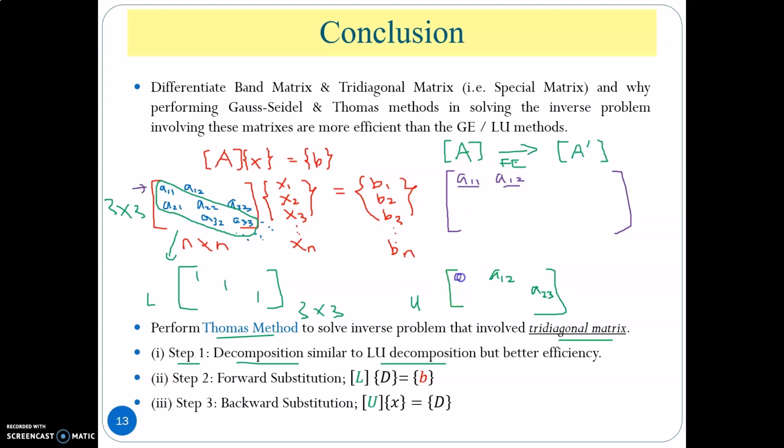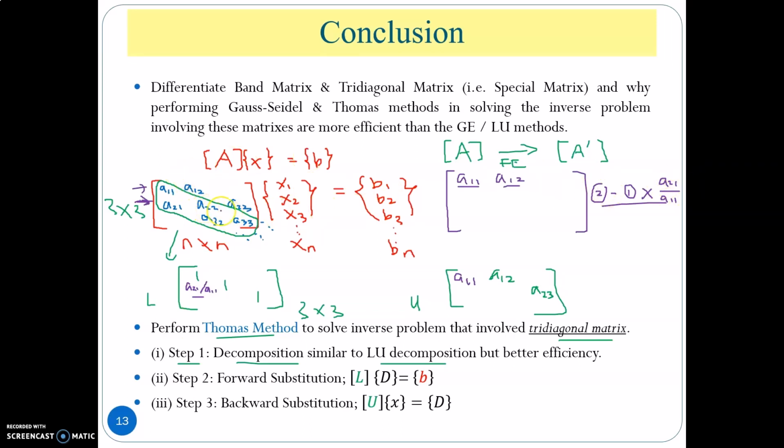Therefore, A11 appears here. Then we can continue with the second row here. To make A21 equal to 0, we need the factor A21 divided by A11. By taking this equation, row 2 minus row 1 multiplied with the factor here, then we can take A22 minus row 1 A12 multiplied with this factor.